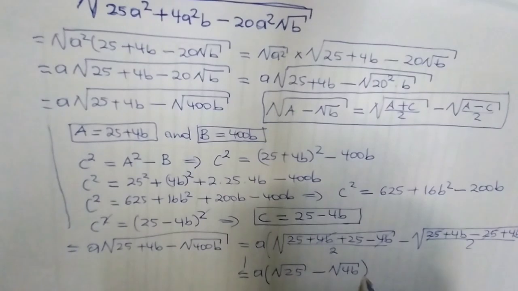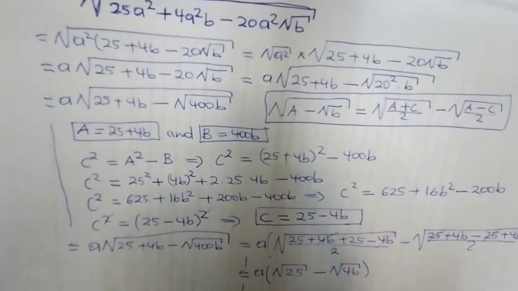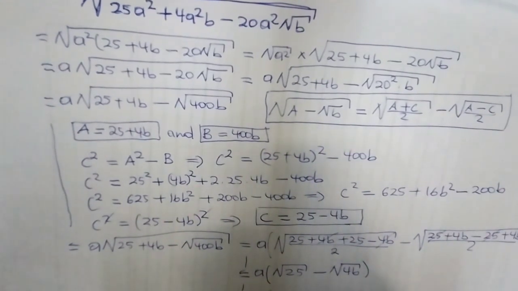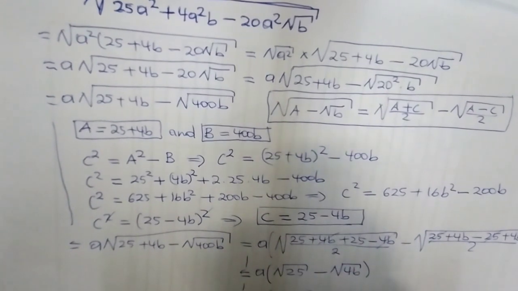Look at that. So we are going to almost finish here. We are going to have a factor of square root of 25, this gives us 5, minus square root of 4 is 2, times square root of b.